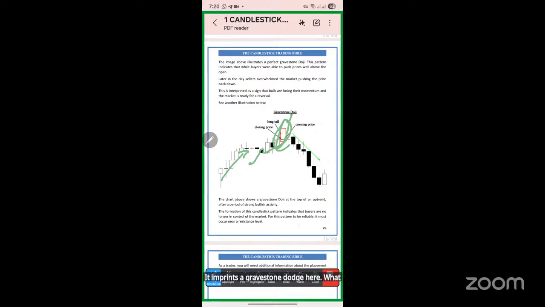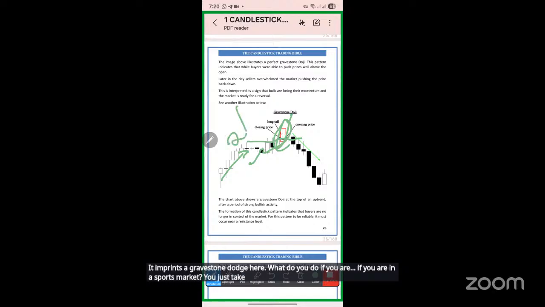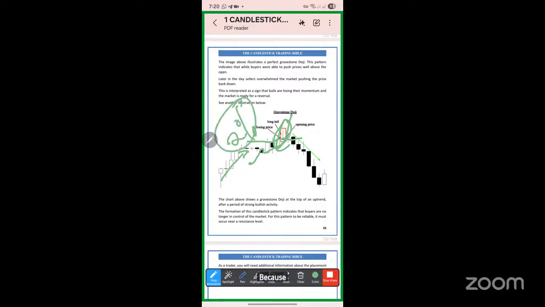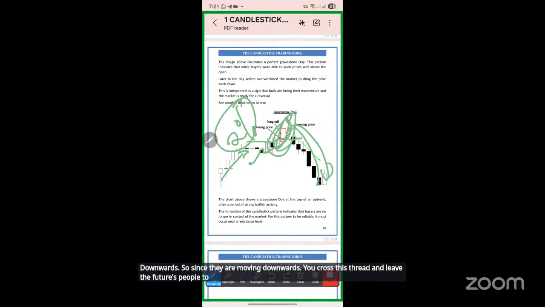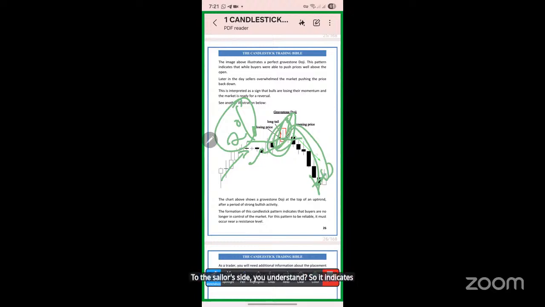What you do if you are in a spot market is take your profit up to the 2% that you already have, because the market has signaled the reversal, that now we are moving downwards. So since we are moving downwards, you close this trade and leave the futures people to take over the seller's side. You understand? So it indicates market reversal to the downward side.